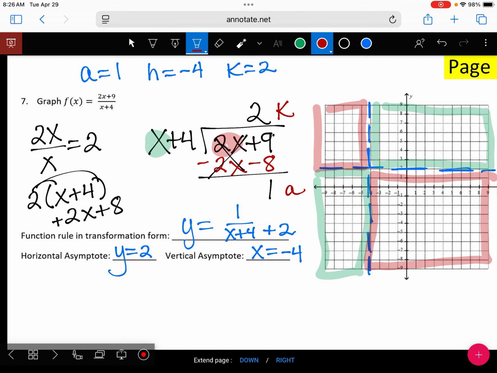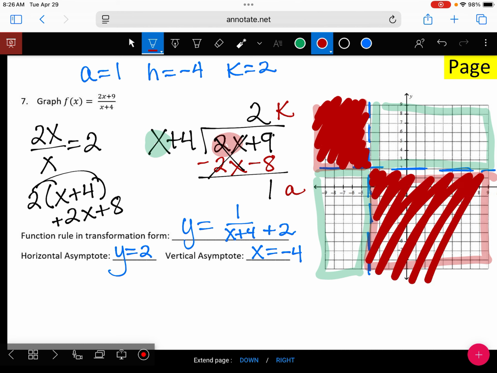Where am I going to graph this one? In the green or in the pink? In the green, because A is positive. So I'm going to color this in. And now we're ready to graph.